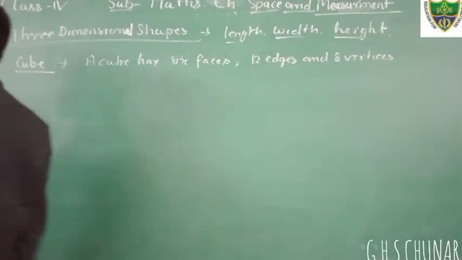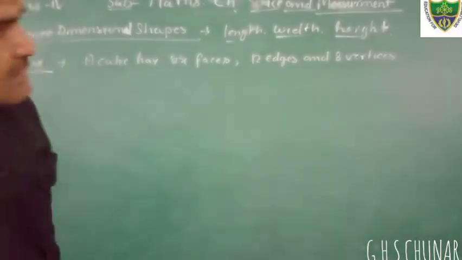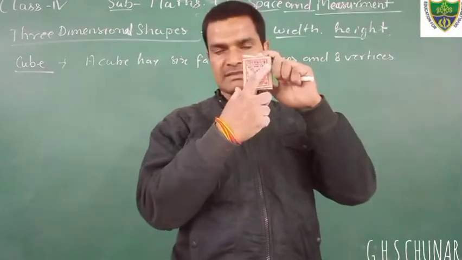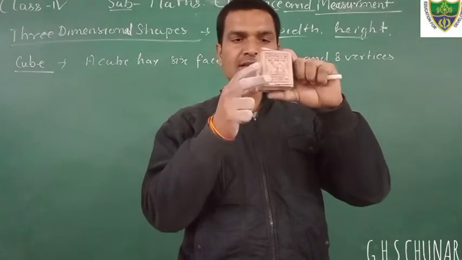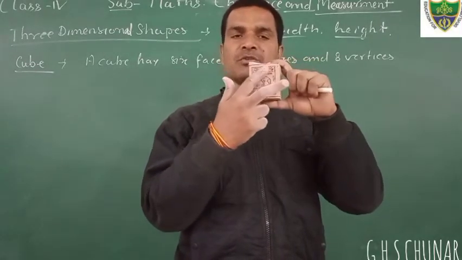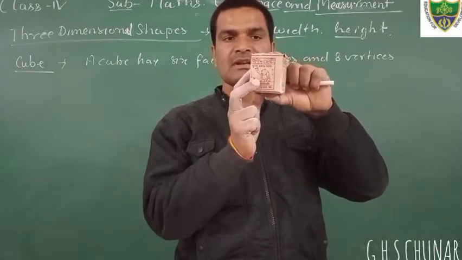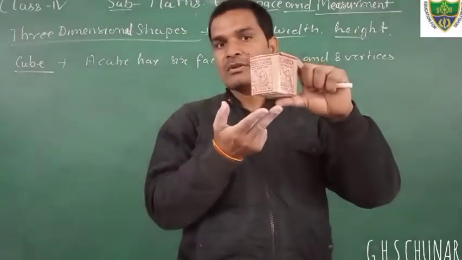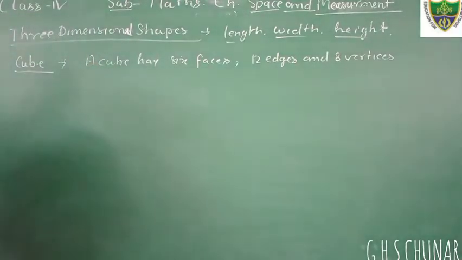A cube has 6 faces, 12 edges and 8 vertices. So what are the faces? The plane shape which is shown is the face of the cube. This is one face, two face, three face, four face, and one on the top is five, and one at the bottom. So there are 6 faces.